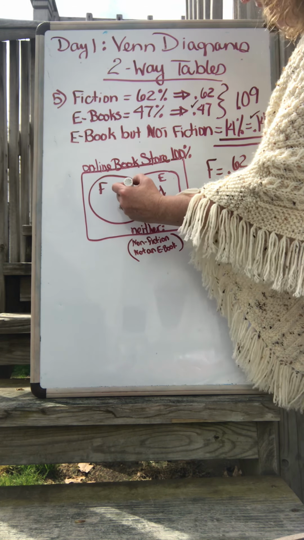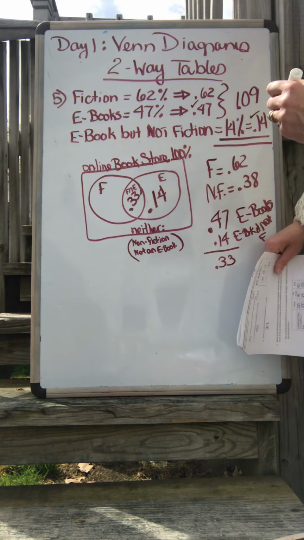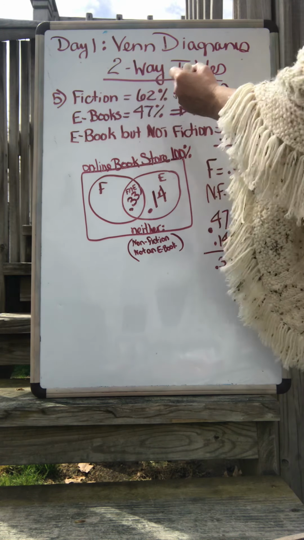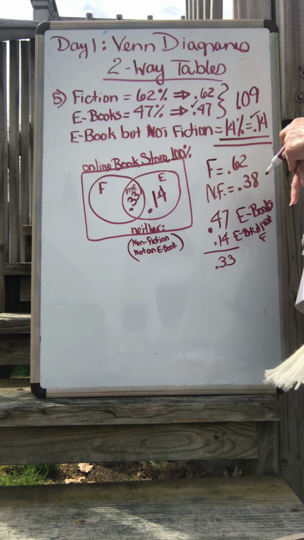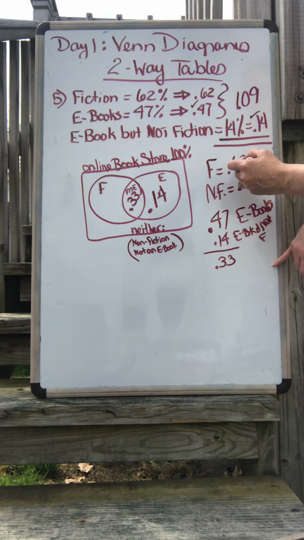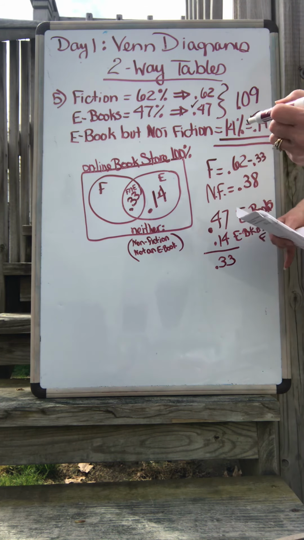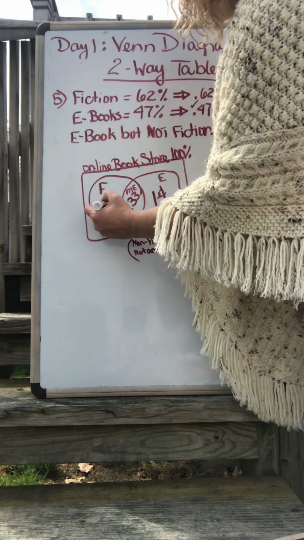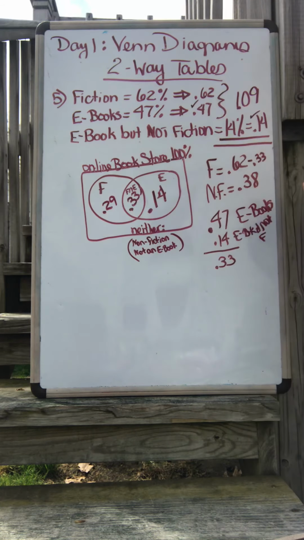This is my fiction and my ebook. But then my fiction was 62%. So if now I have 33% of my 62% already being used, then that means fiction only would be 29%. So that was a little tough because you really had to pull apart the numbers.